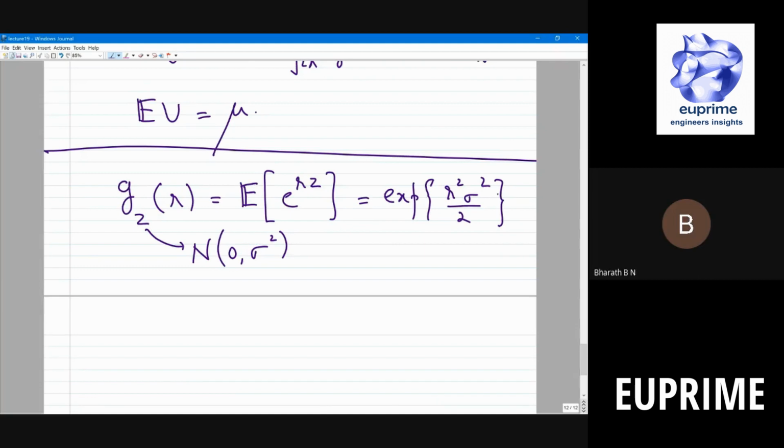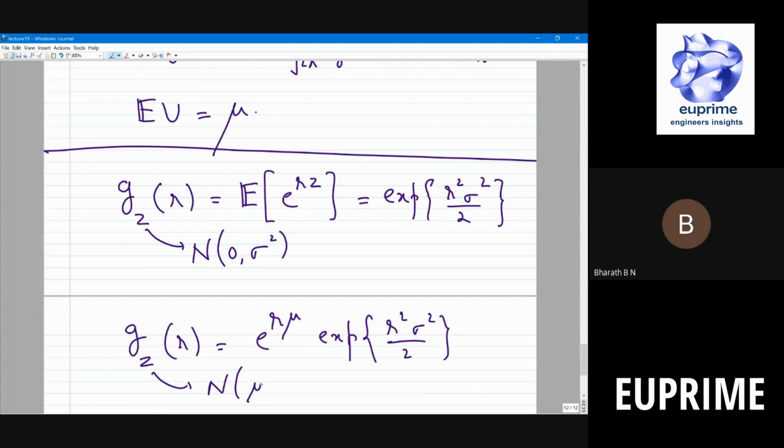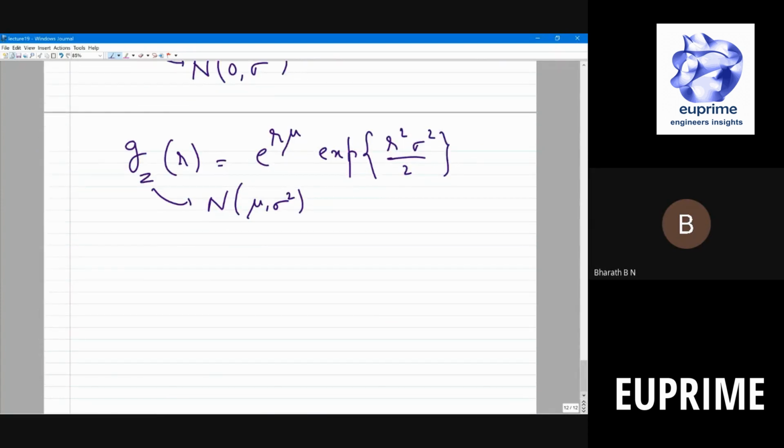So the MGF of z, g of r, is e to the power r mu times the exponential of r squared sigma squared by 2, if this is Gaussian with mean mu and variance sigma squared. This is something that you need to remember. And from that you can calculate all the higher order moments.